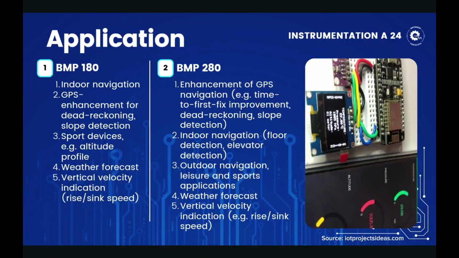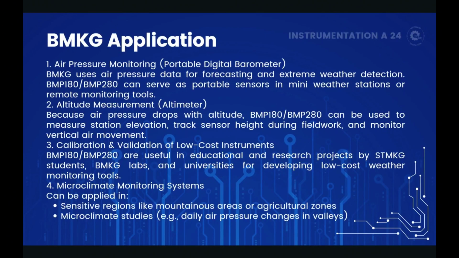While in the Indonesian Agency for Meteorological, Climatological and Geophysics, also known as BMKG, the BMP180 and 280 application is, for the first one, air pressure monitoring. BMKG uses air pressure data for forecasting and extreme weather detection.